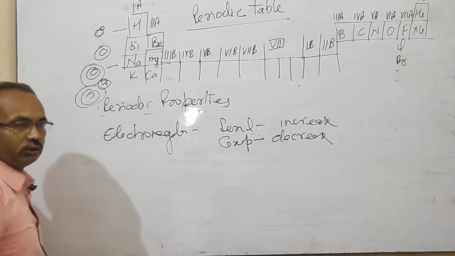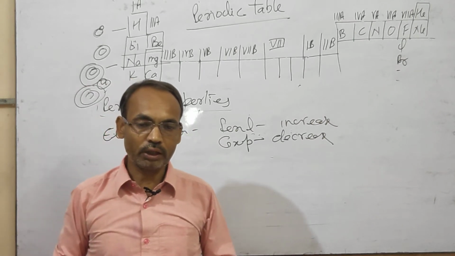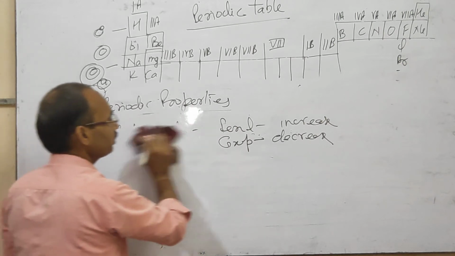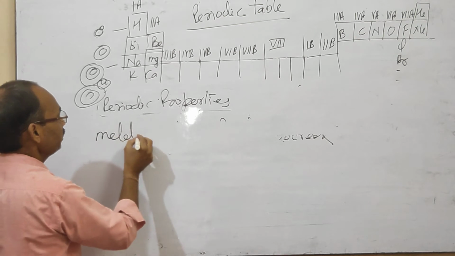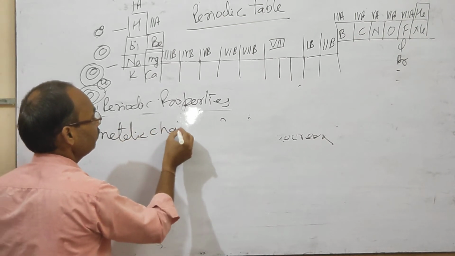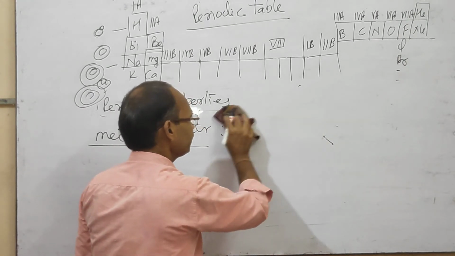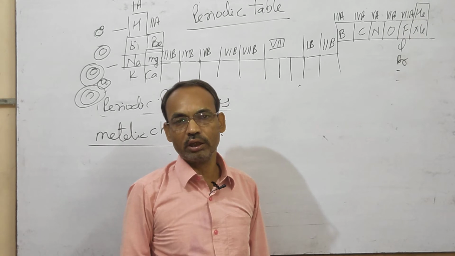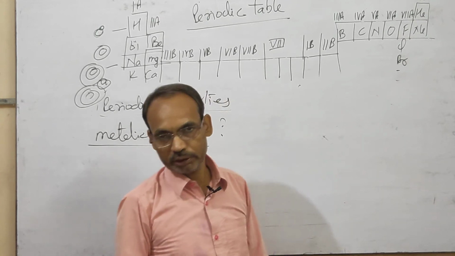And the next point of chemical property is the metallic character. What is metallic character? If any atom has 1, 2 or 3 electrons in its valence shell, then it is known as a metal.